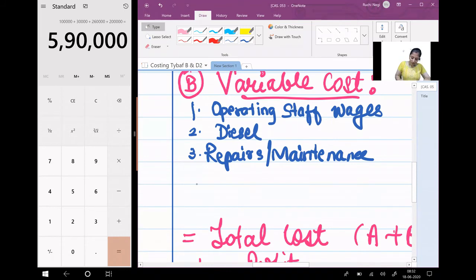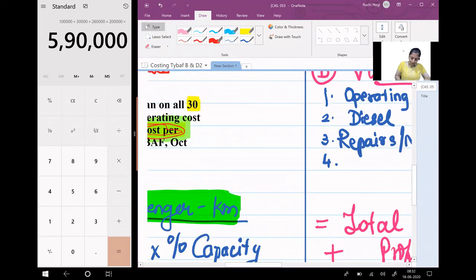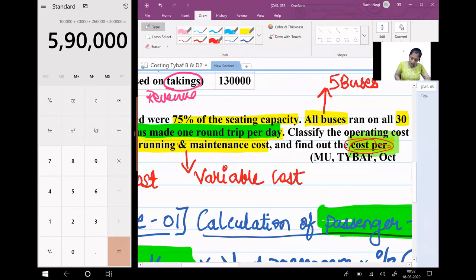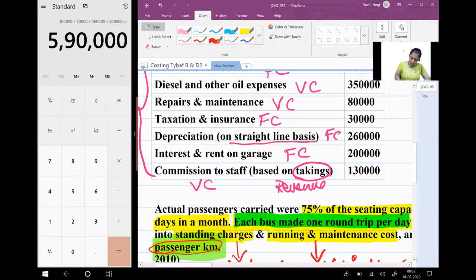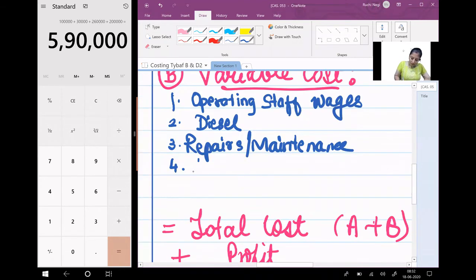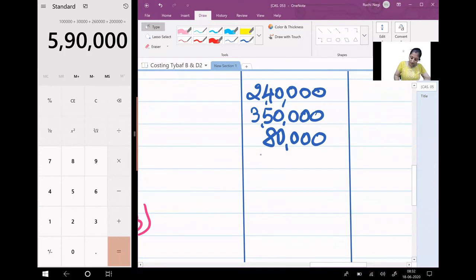Next. So repairs and maintenance is done. Next is commission 1 lakh 30. Okay. So right here commission 1 lakh 30.